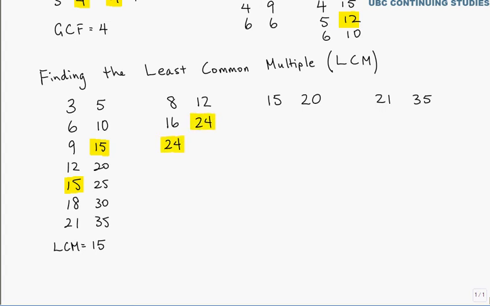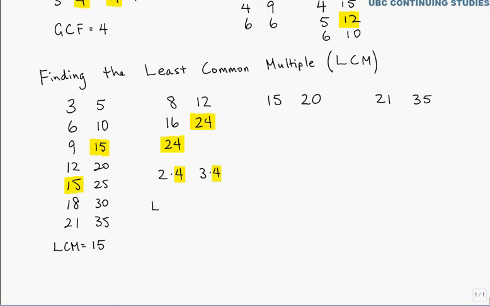So what's the relationship between finding a least common multiple and finding a greatest common factor? Well, it turns out there is another way to find the least common multiple, and it hinges on first identifying the greatest common factor. 8 and 12 have a GCF of 4. So if I write 8 as 2 times 4, and I write 12 as 3 times 4, I can see my GCF right there.